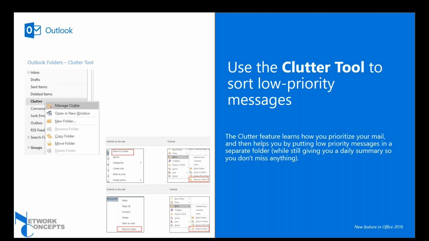Basically, what this Clutter Tool does is it prioritizes your mail and puts on a lower priority any messages that it seems you ignore. How it works is the Clutter Tool analyzes your emails based on your behavior, and the messages that you ignore, it puts into a folder called Clutter, and you can look at those a little later. All right, that is the Clutter Tool. Pretty cool.